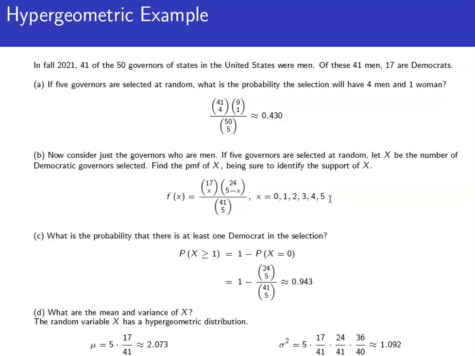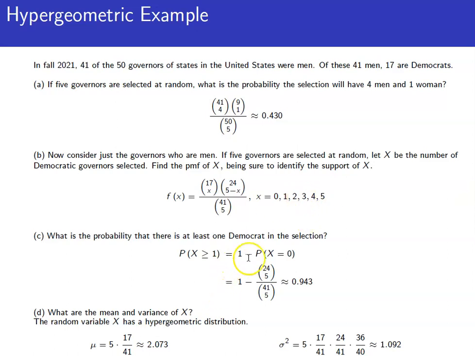All right, so for part C now, let's see if we can use this probability mass function to answer the question. It says, what is the probability that there's at least 1 Democrat in the selection of 5? So we're being asked here to calculate the probability that X is greater than or equal to 1. It's much easier to do the complement in this case. Since it's a discrete random variable, the complement of at least 1 is none, or no Democrats in the selection.